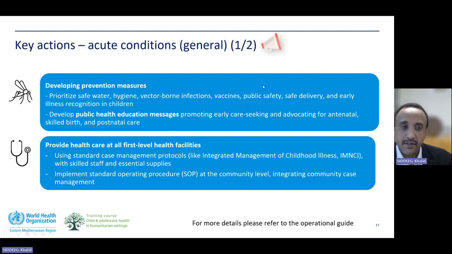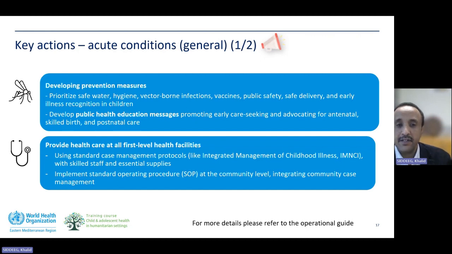Few actions are proposed in the guide to address acute conditions. They are mainly addressing the prevention part and the care provision or case management part. For the prevention part, we need to make sure that areas like water and sanitation and vector-borne control measures are in place.